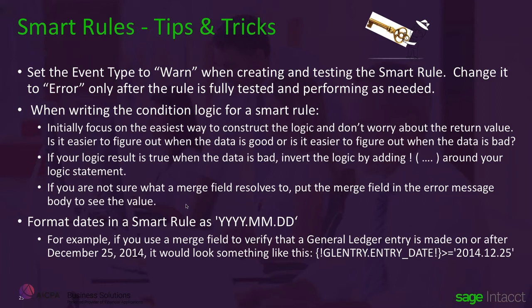When writing the condition logic for the smart rule, initially focus on the easiest way to construct the logic and don't worry about the return value, right? So we want to start out simplistically. We want to look at this from a standpoint of what's the easiest way that we can get this into the system and not try to start with something elaborate. So, again, one of the things you may want to experiment with in a smart rule is: give me a warning.